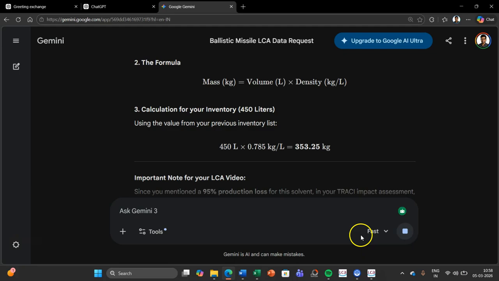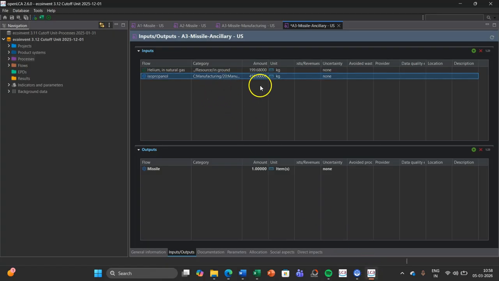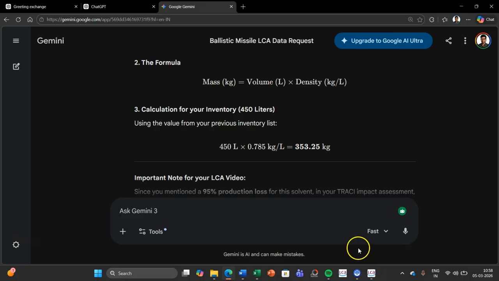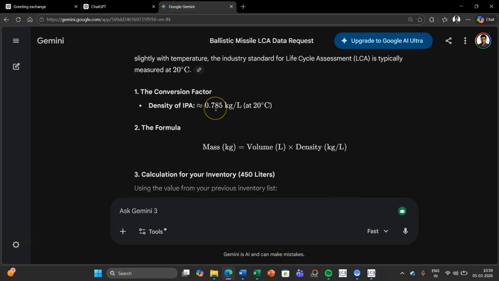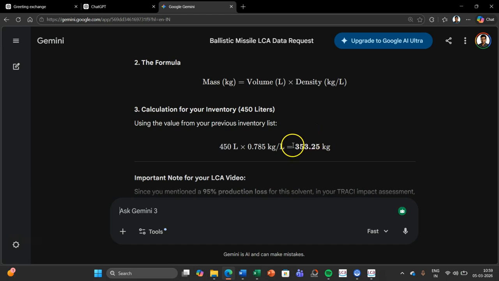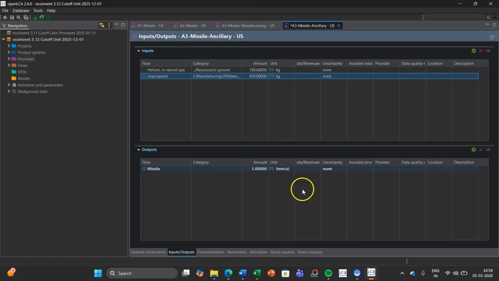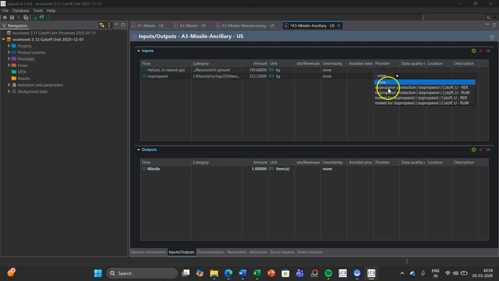Okay, good. 353. Because normally with water we can use liter and kg as they are. But with other liquids, accordingly we use their specific density. So here the specific density of isopropanol is 0.785 kg per liter. So accordingly we get the kg value from the liter value. 353.25 kg. Okay, provider. Yes, rest of the world only.